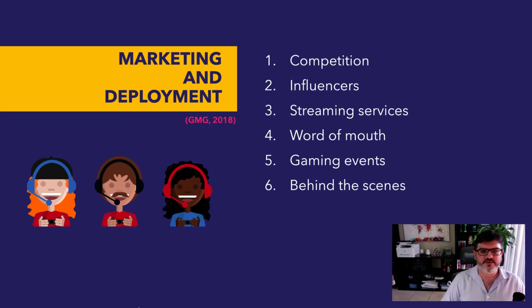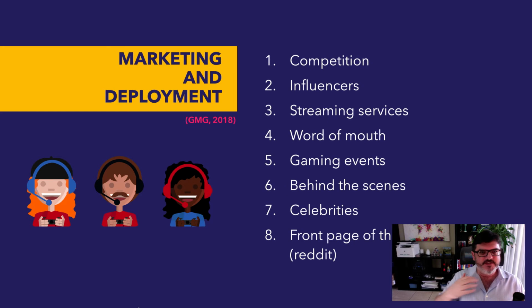People love those, and it can generate a lot of buzz. Or getting a celebrity endorsement or a celebrity to play your game. These can all be really big. So this is a quick and dirty overview of how to market and deploy your game. Ultimately, you're trying to get it to the front page of the internet, or Reddit. That's how you really win.